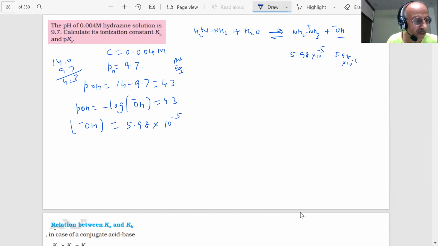Has it not reacted? How much was there? 0.004. How much it reacts, and then how much is formed? 5.98.